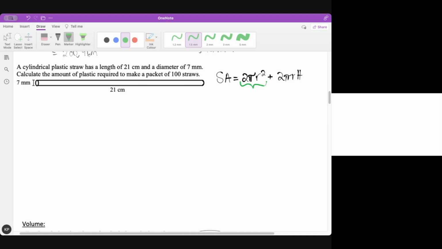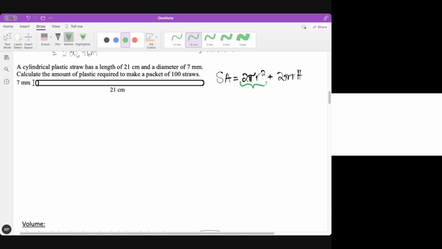In order for a straw to be functional, there can't be circles blocking the ends. Do you guys agree? The 2 ends don't have circles on them. It's open, it's hollow. Does that make sense? Guys, can I get a thumbs up on that?